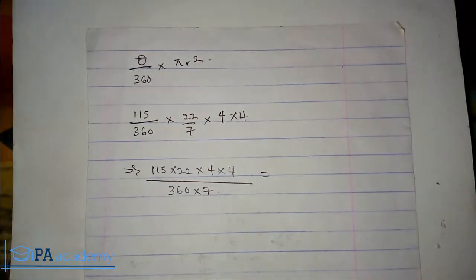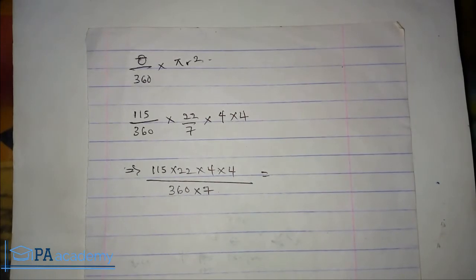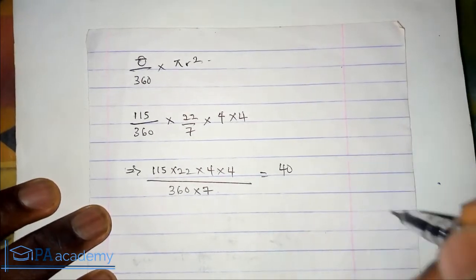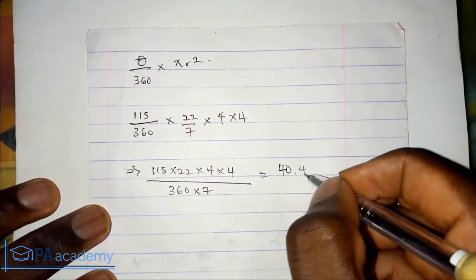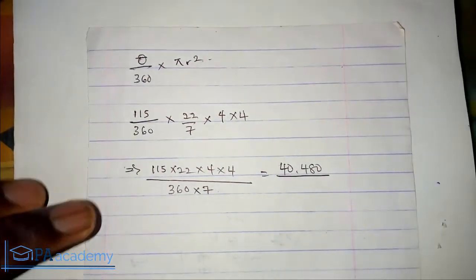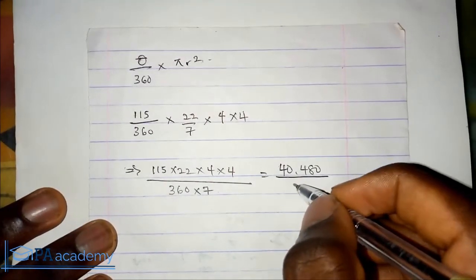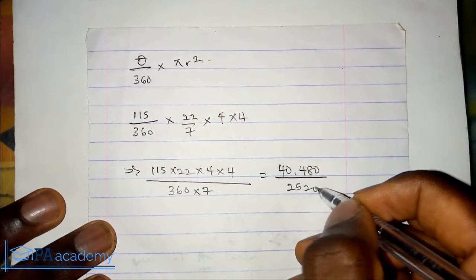So 115 times 22 times 4 times 4 is 40,480, divided by 360 times 7, which is 2,520.